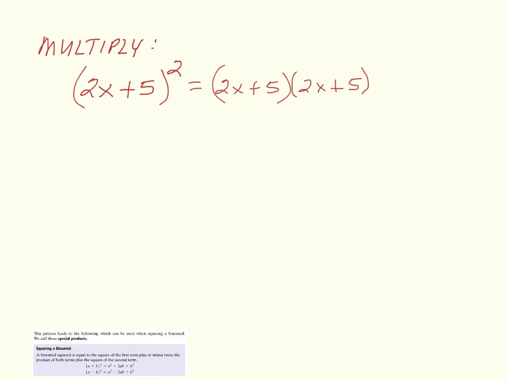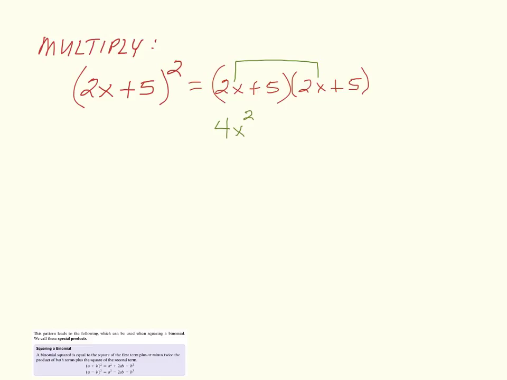What happens if we were to FOIL this? 2x plus 5 times 2x plus 5. Notice what we get. I'm going to use some colors here. When we do first times first, we get 4x squared. Okay?